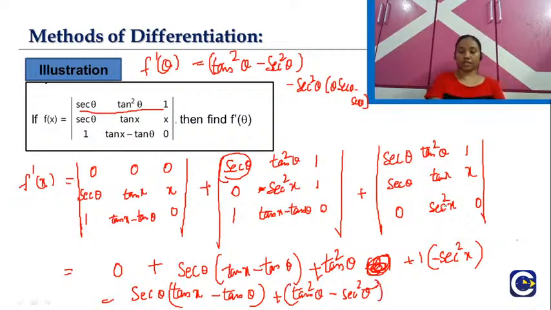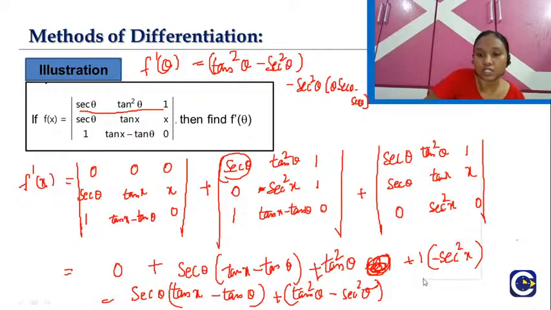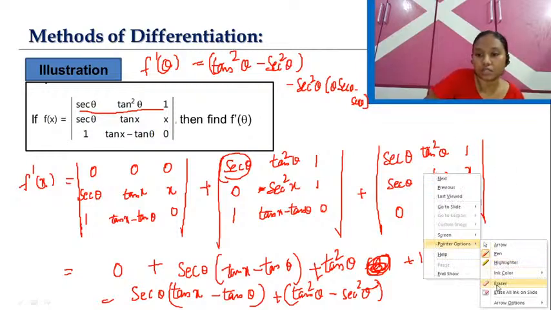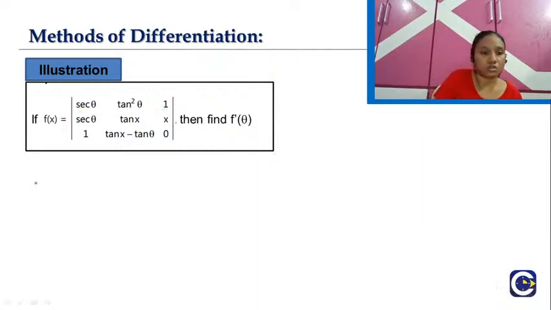For this we can further find it. I'll be doing this part of the derivative. I'll erase it and do it so that it will be clear to you. I'll write the second part of the derivative here. The second part of the derivative will be secant theta, tan square theta, 1.